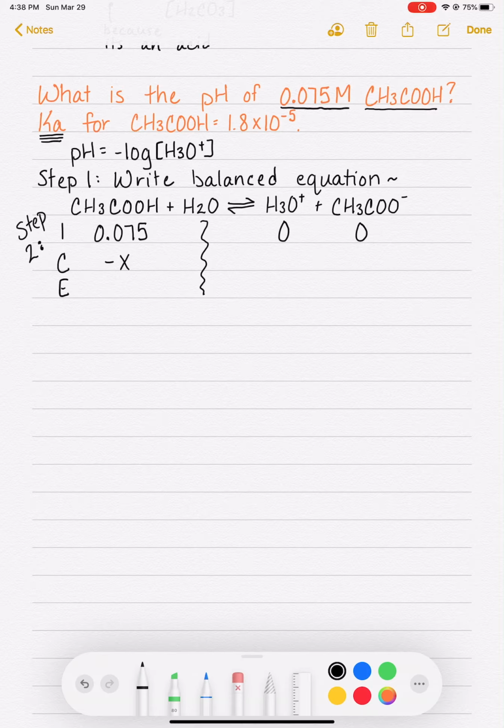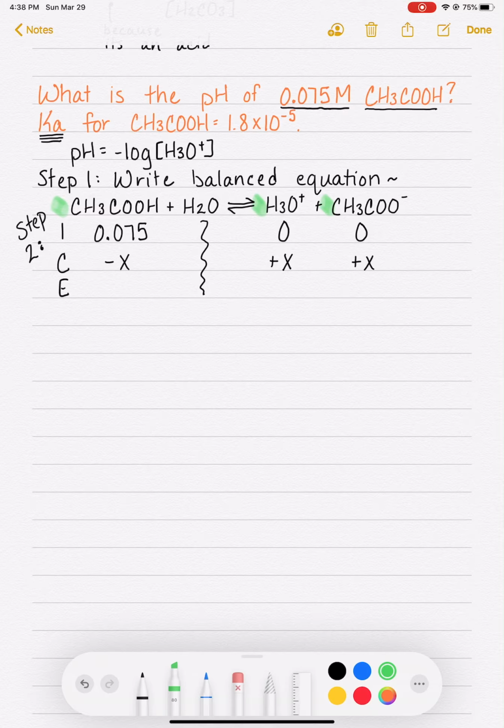What we do know, though, is however much CH3COOH we react, that is how much H3O+ we've made, and it's also how much CH3COO- we've made. How do we know that? We know that from the stoichiometry of the balanced equation.